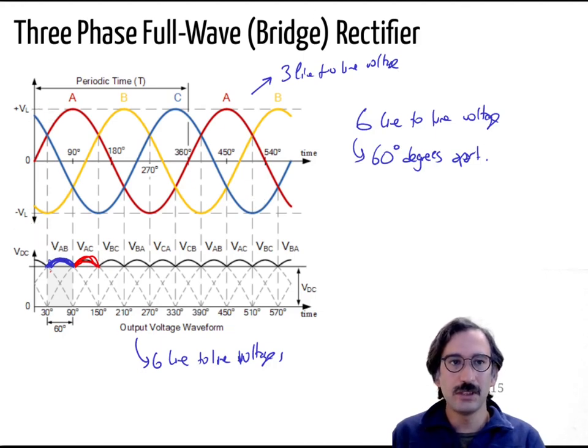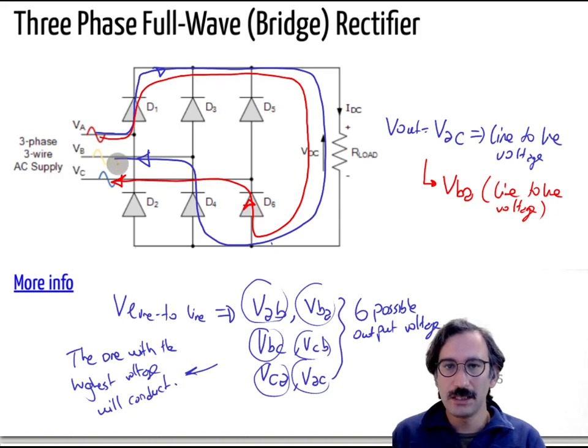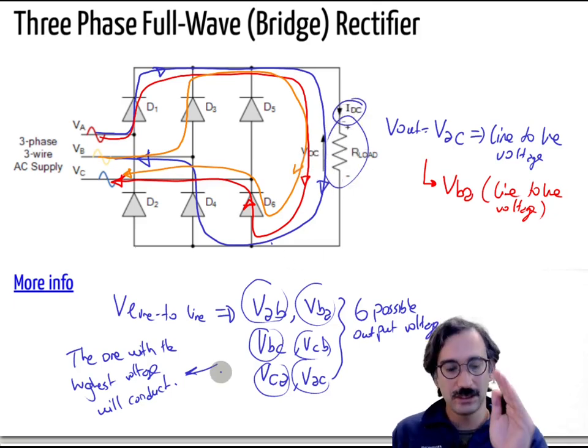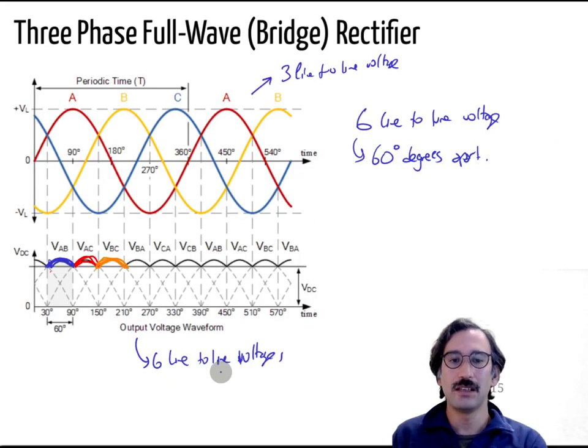Then it will jump to VBC. Again, you don't have to worry about those combinations, just to show it. VBC means now D1 will be off because the other phase becomes larger, then it will come back through here. But in any case, I will have a DC voltage and a constant current direction in those instances.